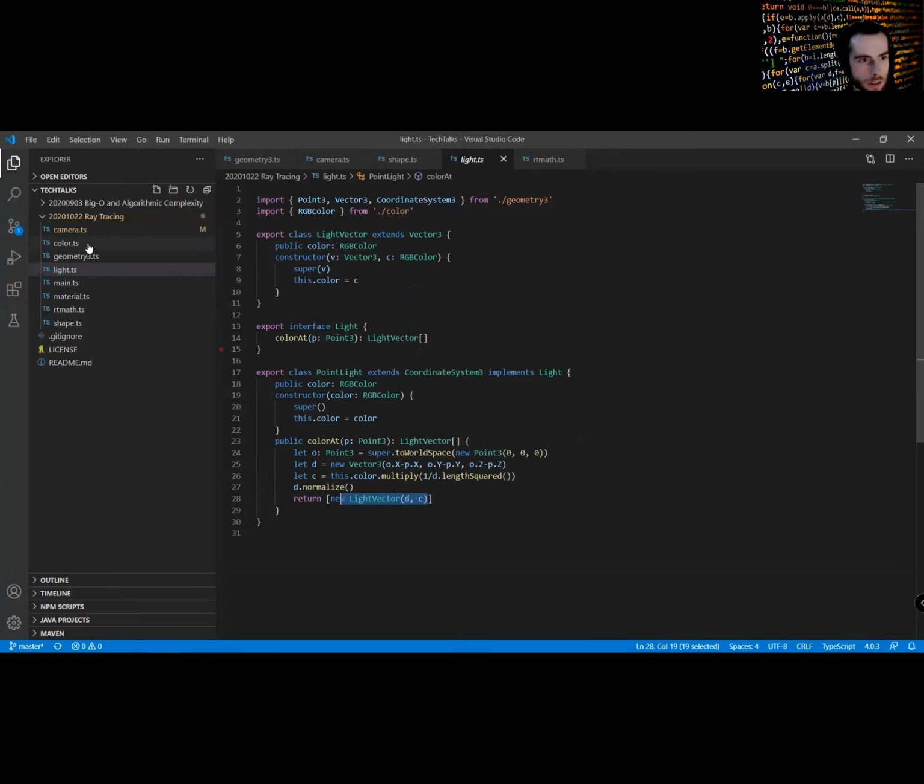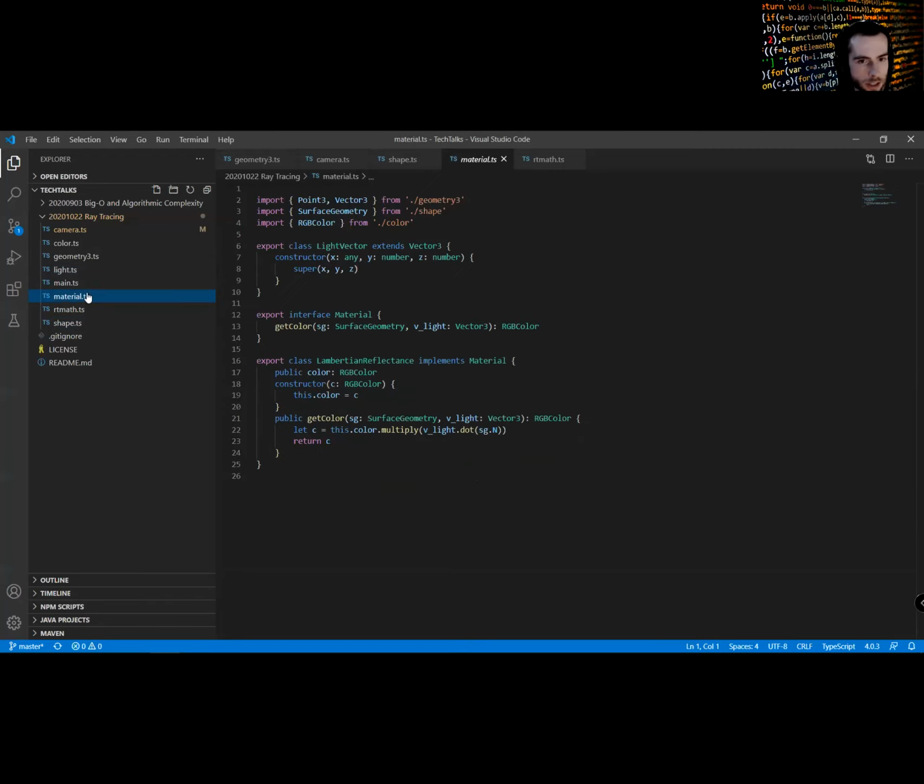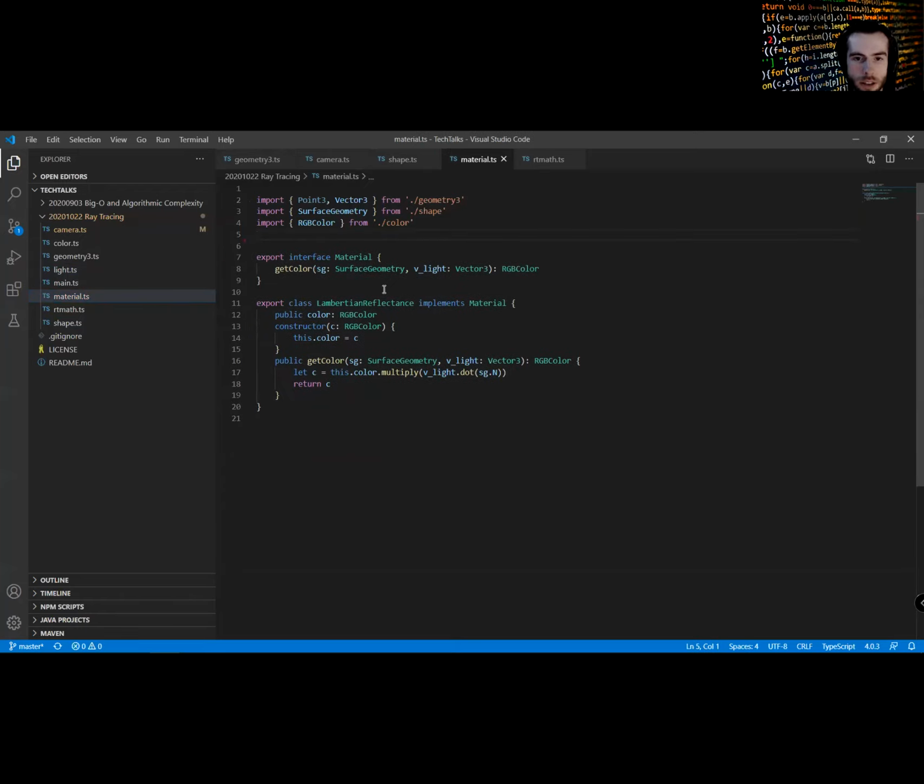It's pretty straightforward. Material. So here I have an interface material. It has a get color method, and it takes the surface geometry and a vector pointing to the light, basically. And it returns a color. You can initialize this using a color.